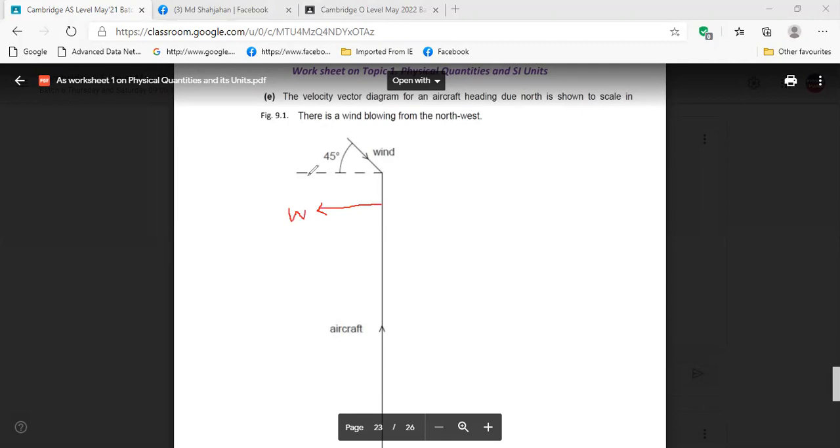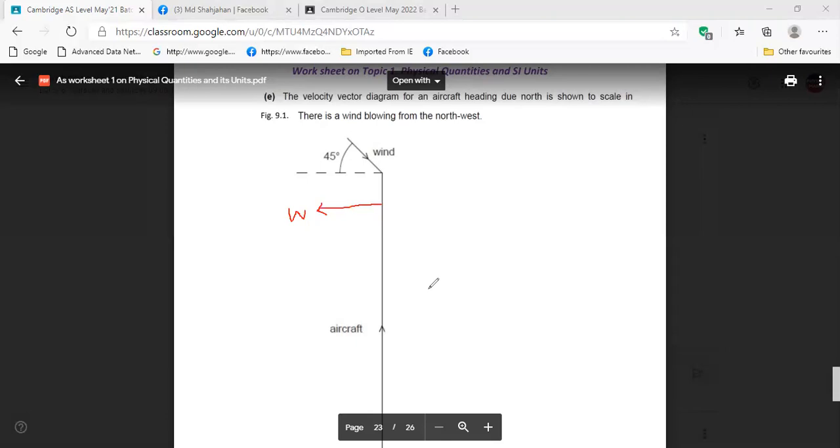So there is a wind blowing from the northwest. That means here it is west and here it is north. So from the northwest it's coming, which means it's going to the southeast. It's coming from the northwest, but it's going to the southeast.